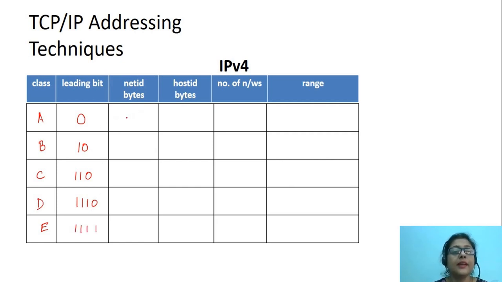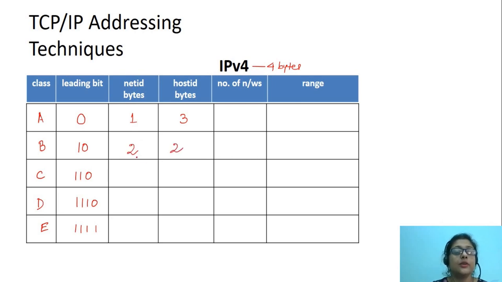The number of net ID bytes is 1 and the number of host ID bytes is 3 here. So in total we have 4 bytes. Out of the 4 bytes, 3 bytes are used for host ID and 1 byte is used for net ID. For Class B, it is 2 and 2.